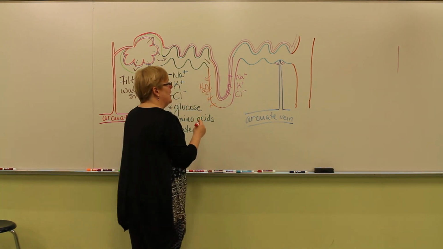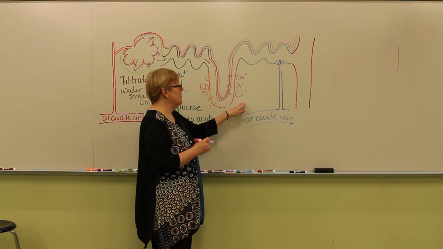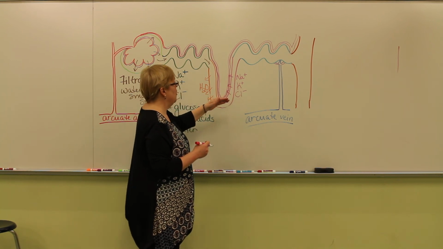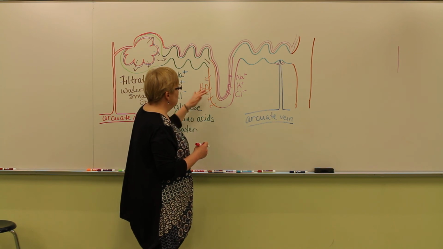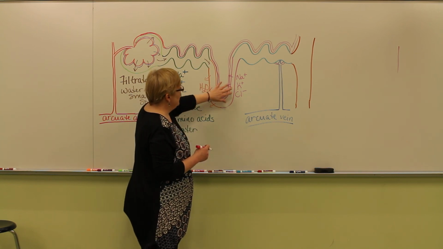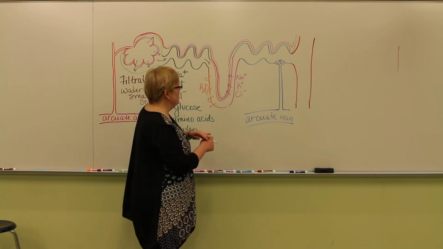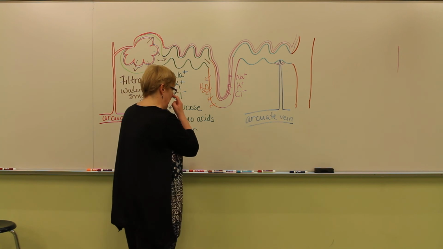Sometimes you'll see in textbooks that they'll talk about salt reabsorption happening here, and they're talking about sodium chloride, potassium chloride as the salts, okay? And so that movement of ions into the blood is going to give us the reabsorption of those substances, okay?